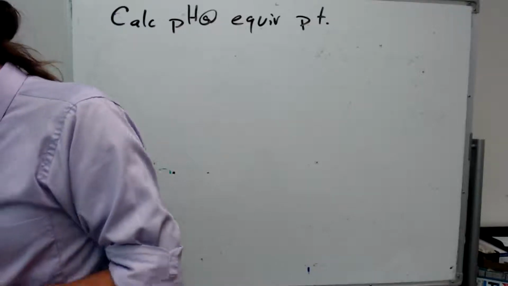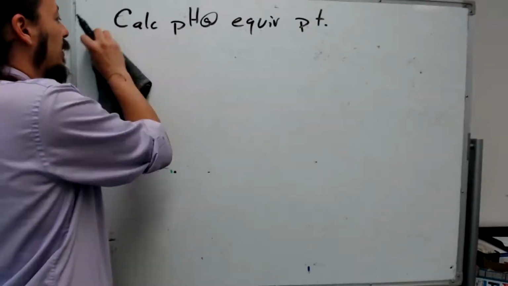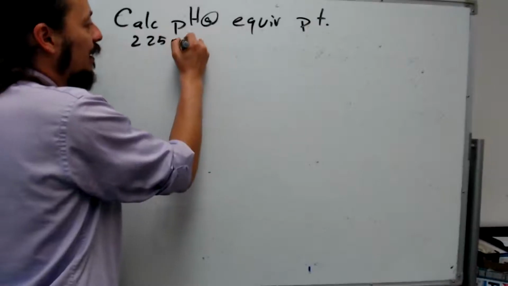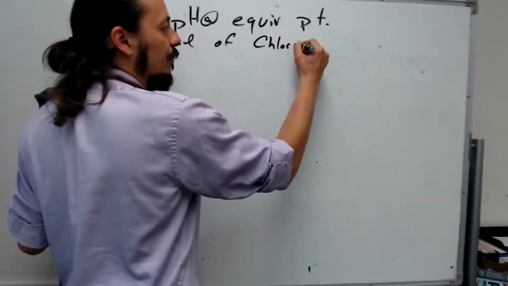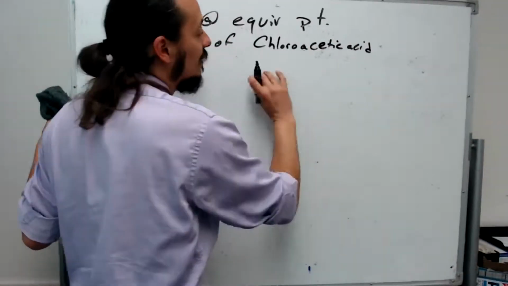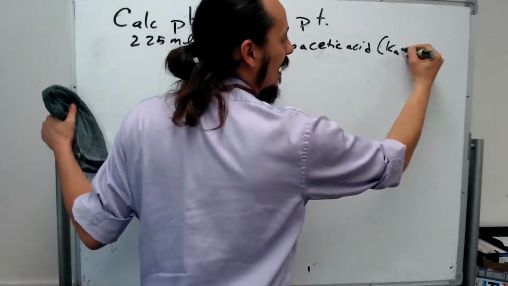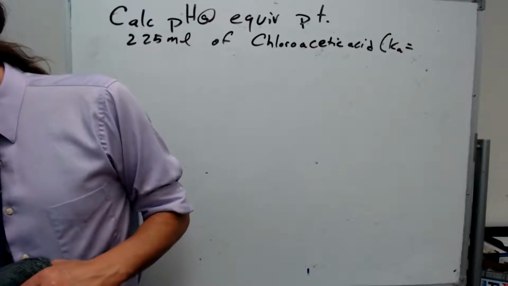Let's do chloroacetic acid. We'll do 225 milliliters of chloroacetic acid. So this is just acetic acid with a chlorine attached to it. So we end up with a Ka that is slightly smaller than acetic acid.